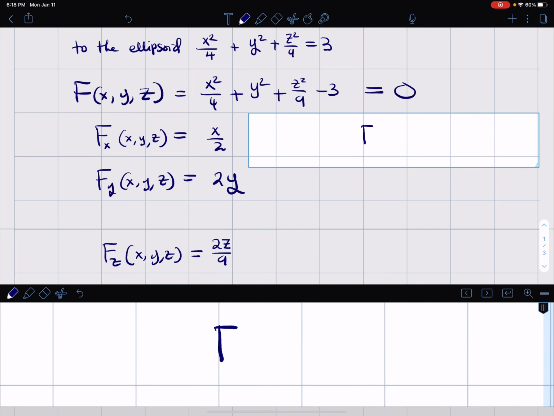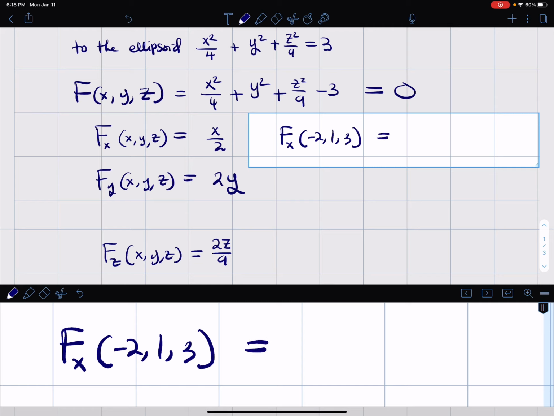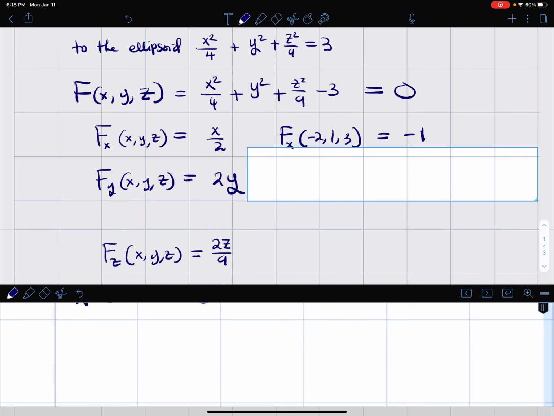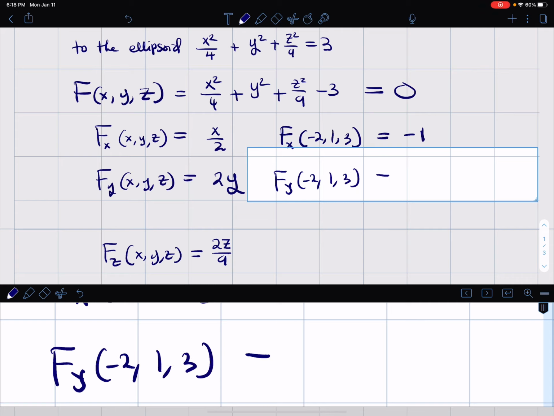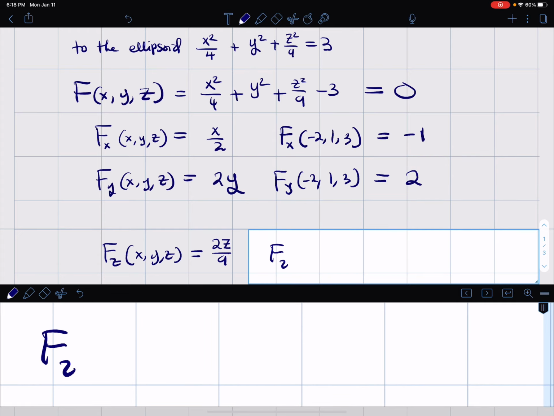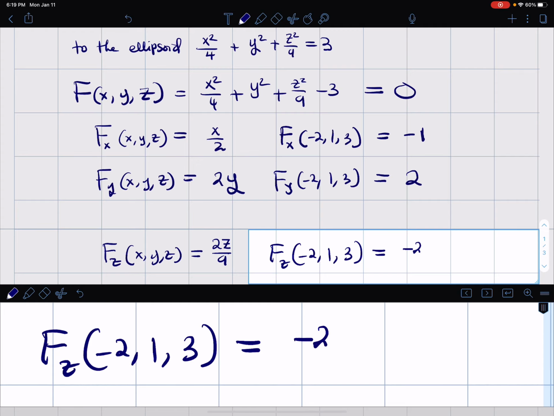So if we evaluate each of these at the point -2, 1, -3, we're going to get -1 for Fx, 2 for Fy, and -2 over 3 for Fz, I think.